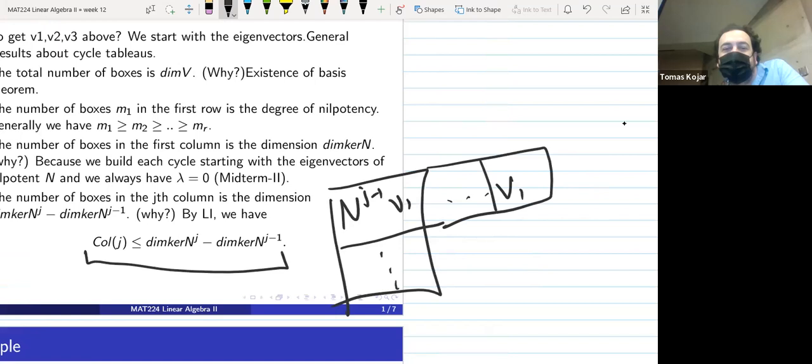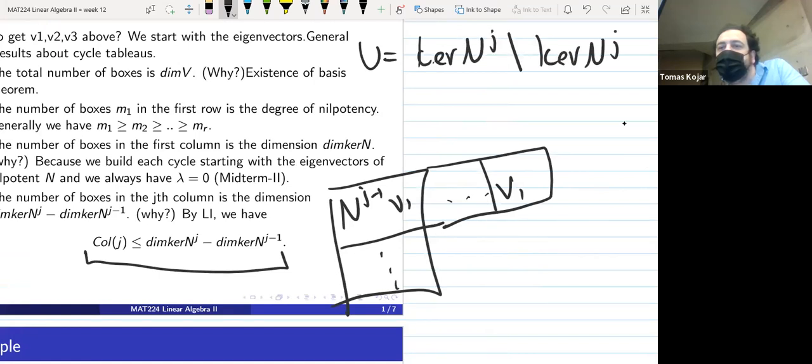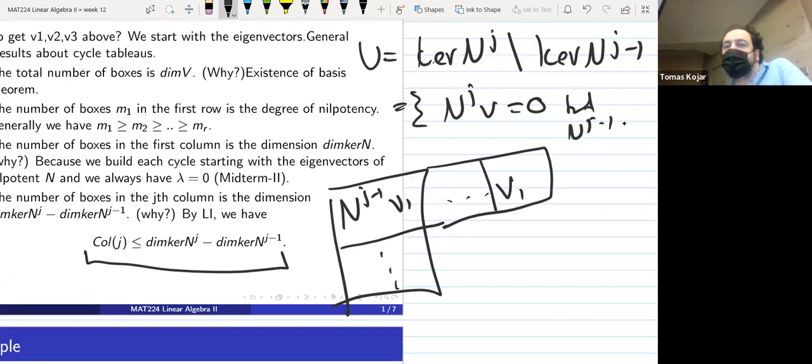Consider the space kernel of N^j take away kernel of N^(j-1). This is a space. You just subtract. These are all the elements where N^j of v is 0, but N^(j-1) of v is not 0.